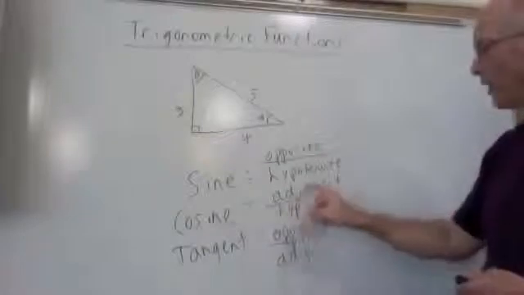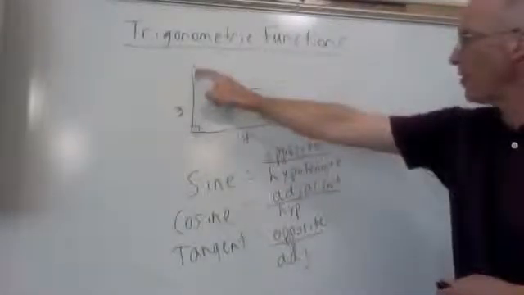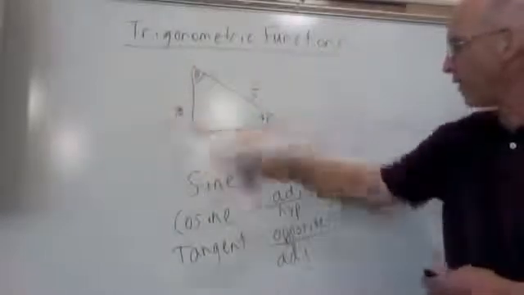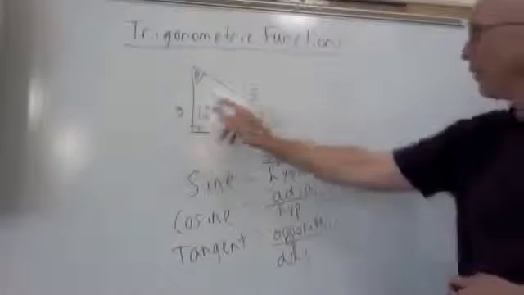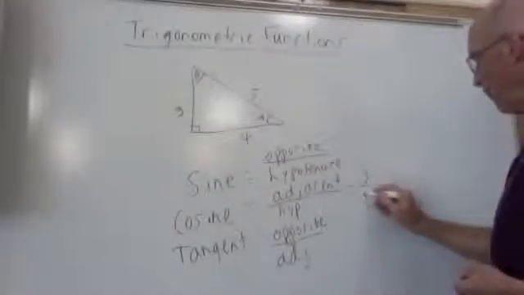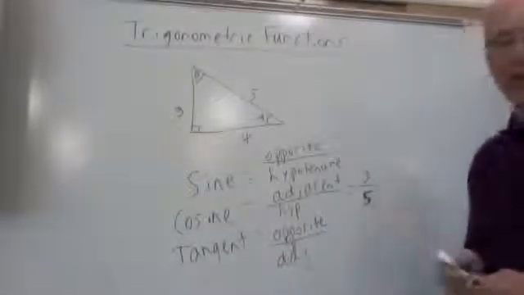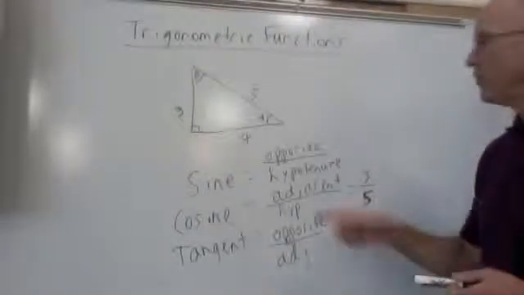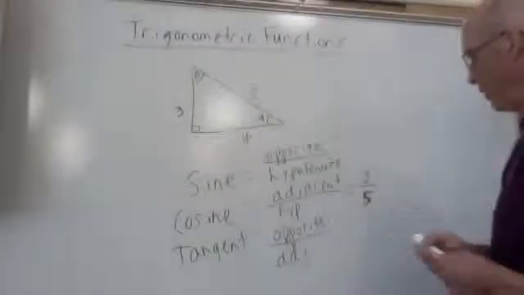Now remember, cosine is the adjacent over the hypotenuse. So from angle B, what's the adjacent side? It's that. It's 3 over the hypotenuse, 5. So the cosine for angle B is 3/5. The tangent for angle B would be the opposite over the adjacent.